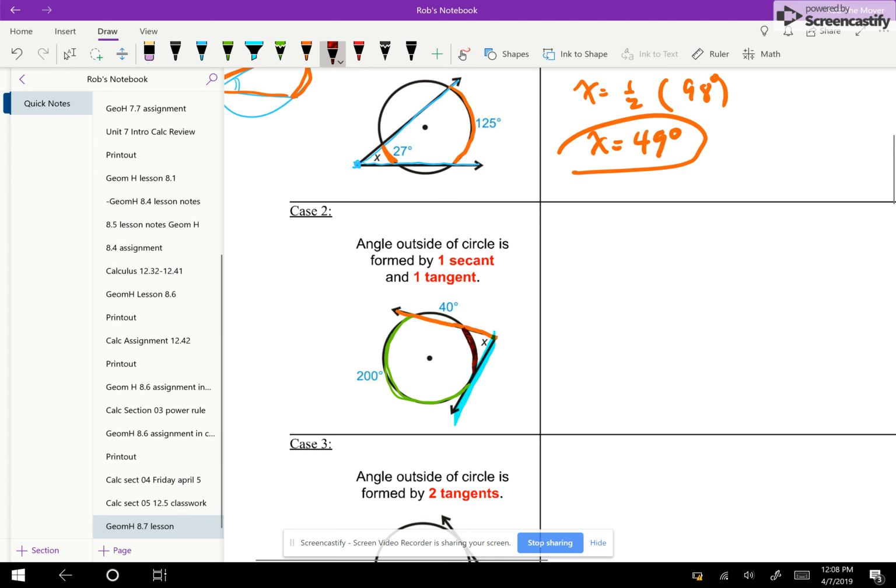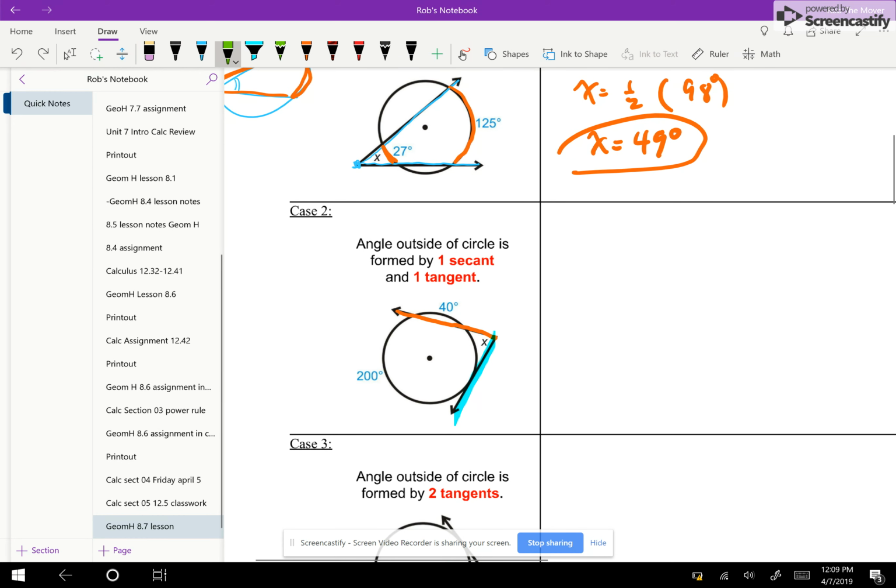The way you want to think about that is, when you're measuring that angle with a protractor, you're measuring between the orange and the blue line. Those are the two arcs that are covered by that angle. This 40-degree arc is not covered at all.